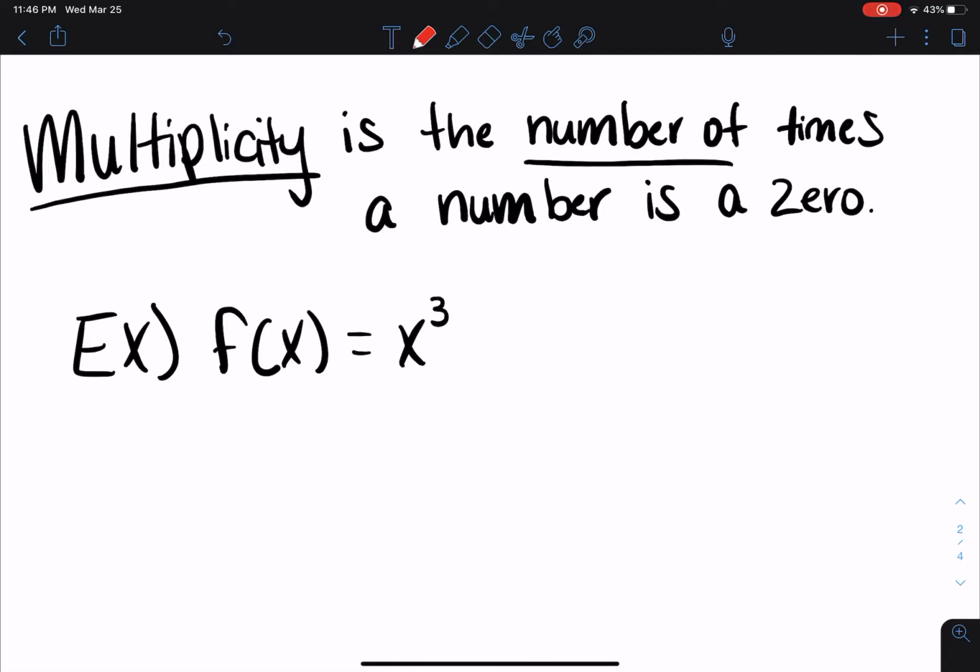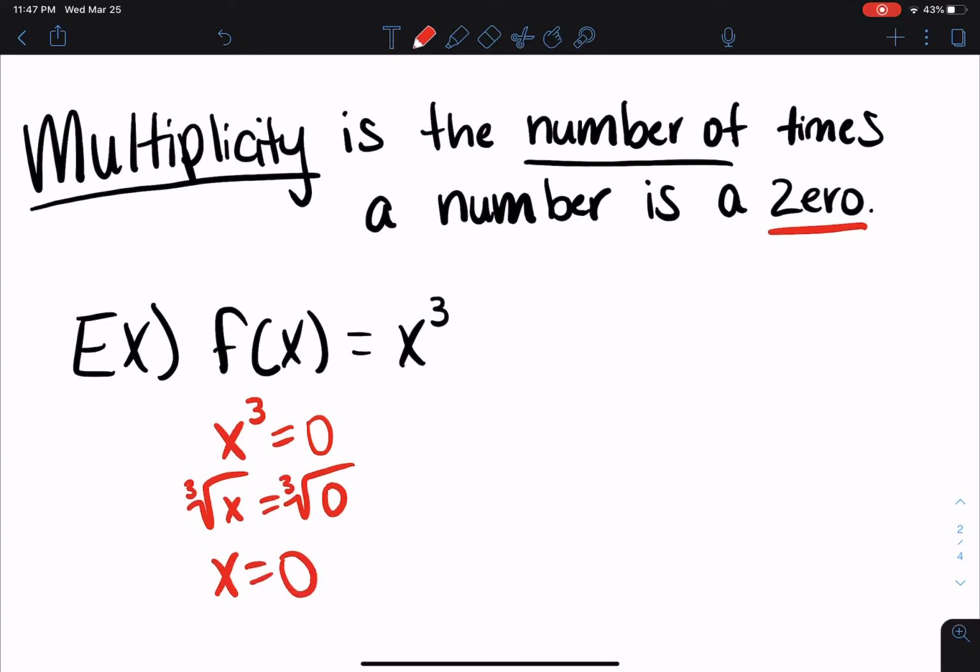If we had the function f of x equals x cubed, and we wanted to find its roots or zeros, we could set this equal to 0 and take the cube root of both sides and see that x equals 0. But multiplicity asks how many times the number is a 0. So x does equal 0, but how many times?